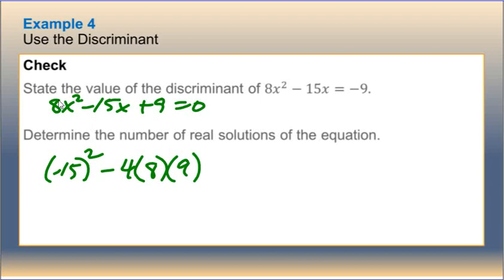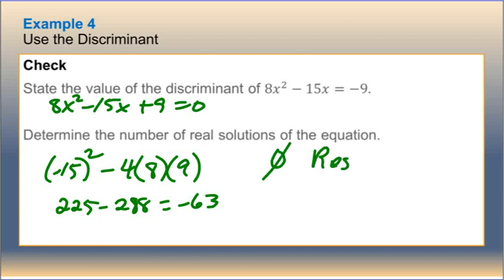So negative 15 squared will give us 225 minus 4 times 72 gives us 288. 225 minus 288 gives us a negative 63. Since our answer is negative, we have no real solution. So you can use the symbol, or you can just say no real solution.